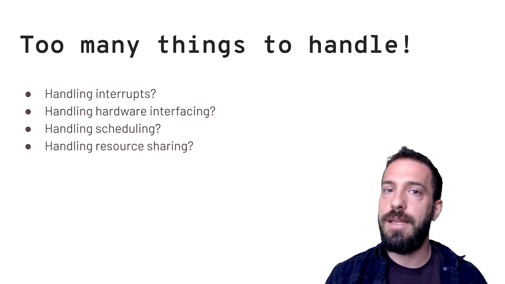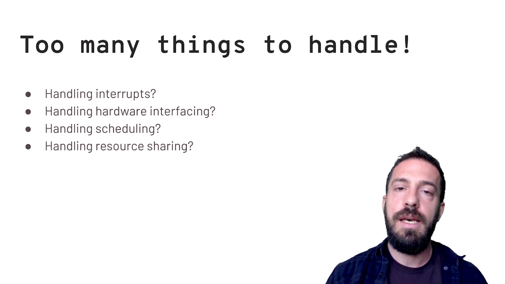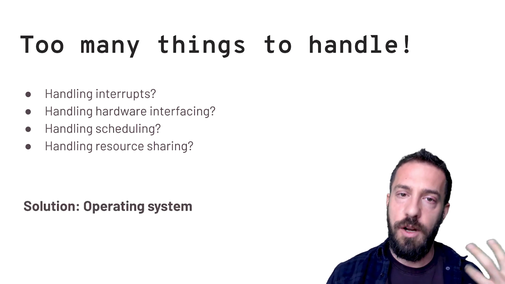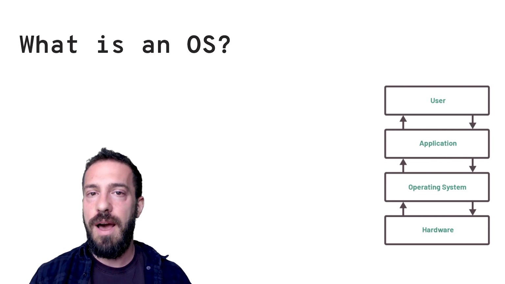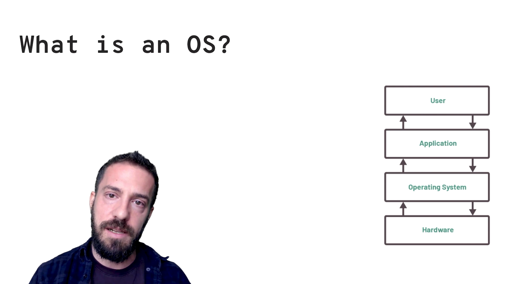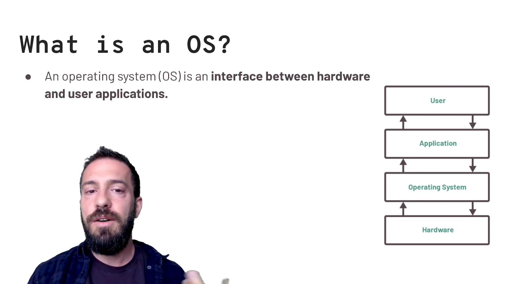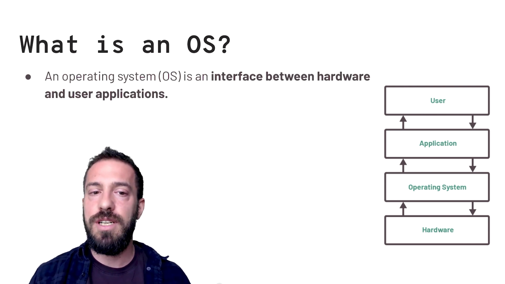So this is too many things to handle, right? And the solution to that, may be obvious by now, is to employ an operating system. So in a way, the operating system is actually doing all this dirty laundry for you. Instead of the programmer trying to do everything by themselves, the OS is interfacing between the hardware and the user application.